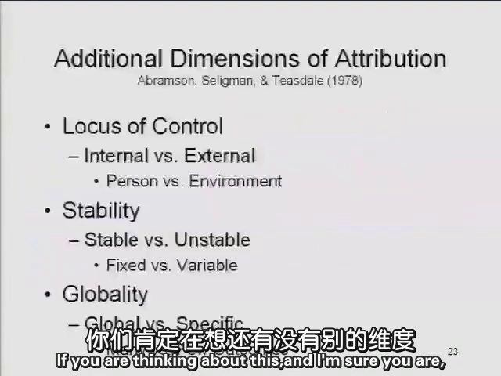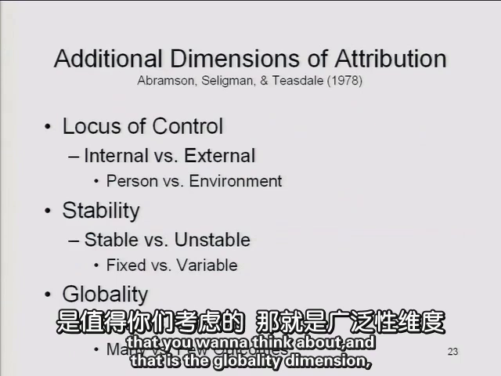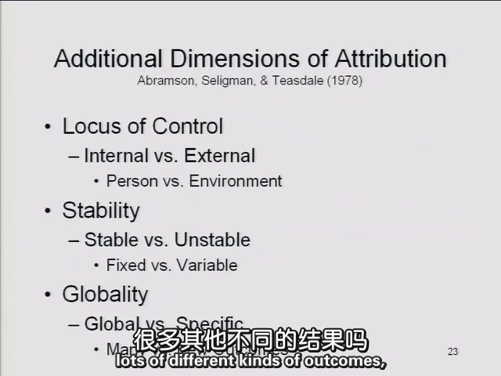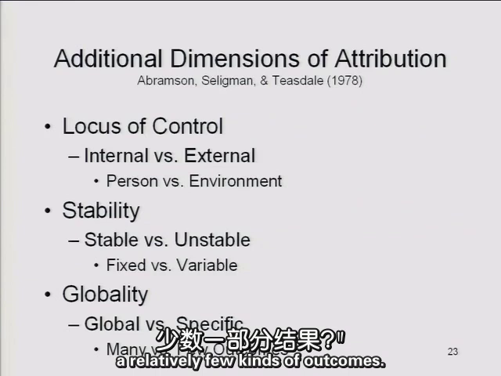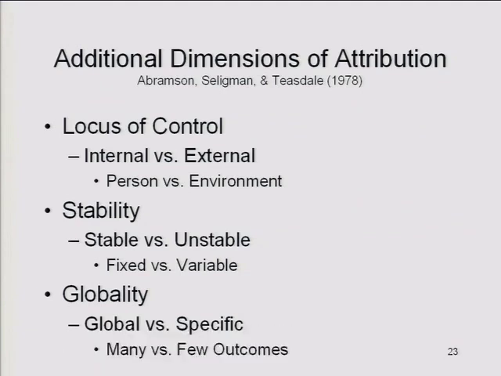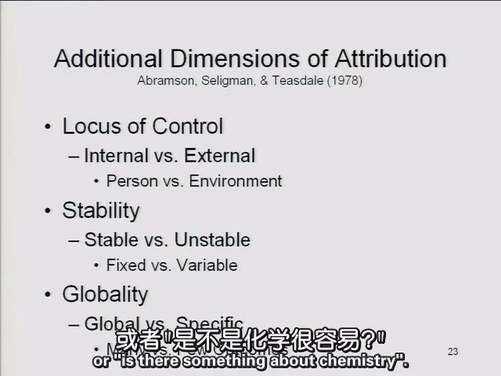There is at least one other dimension of attribution that you want to think about, and that is the globality dimension, which is to say, does this attribution hold for lots of different kinds of outcomes, or only for relatively few kinds of outcomes? So if I say Judy got an A on the chemistry test, the first thing you want to know is, did she get A's on lots of other tests, or is there something about chemistry?